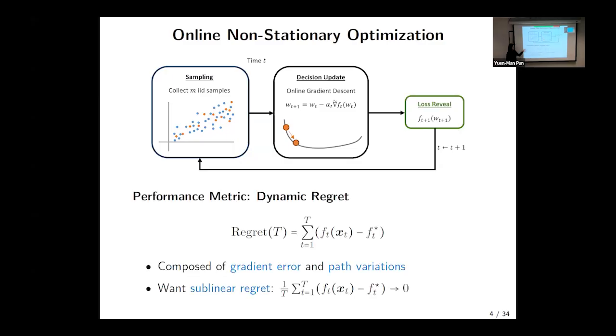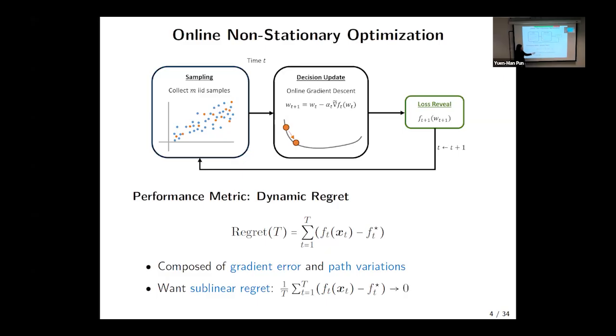The performance metric we are using is dynamic regret. Basically, it is defined as the cumulative loss incurred by our estimate away from the optimal loss at each time step. Now you can see that first, we are just doing the stochastic gradient. So we have some tilde here. This is not the exact gradient. So this should be composed of gradient error.